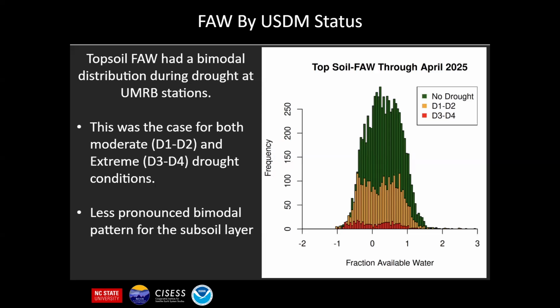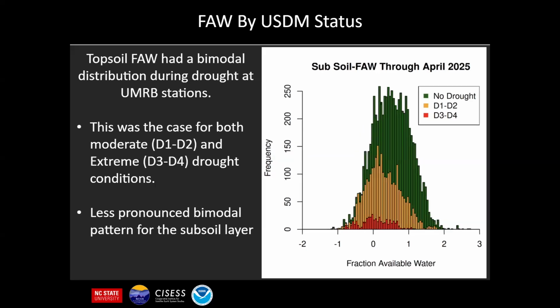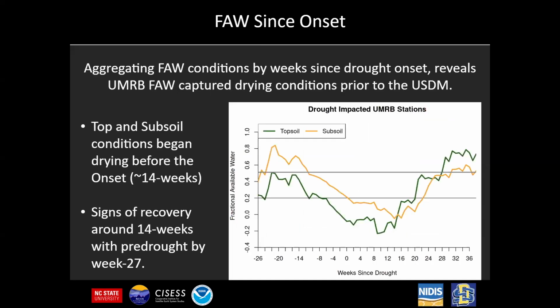We have very low values of fractional available water below 0, we have a peak, and then also above 0, we have a peak. So we're seeing, for the same drought monitor category, both wet and dry fractional available water conditions. This wasn't as severe or noticeable for the subsoil layer, so it's a slightly different perspective there.